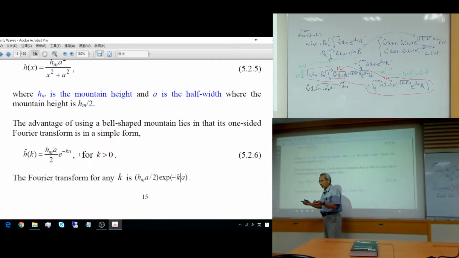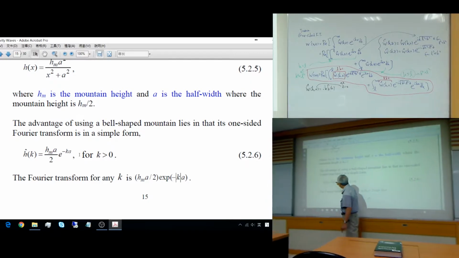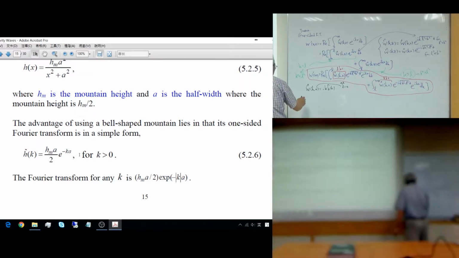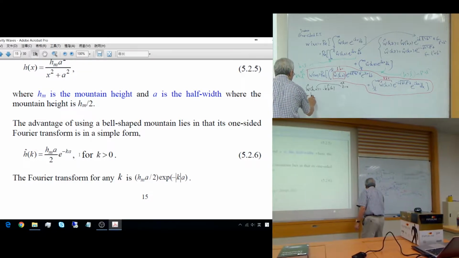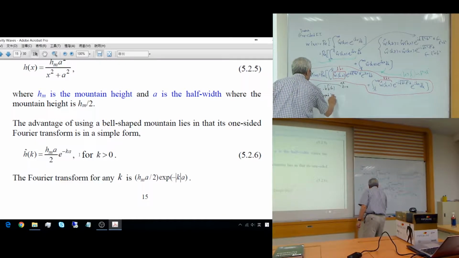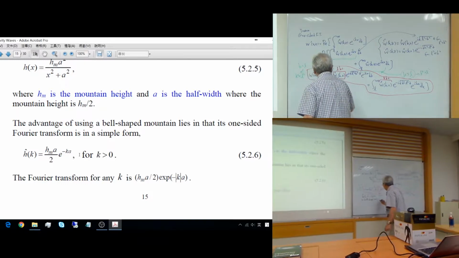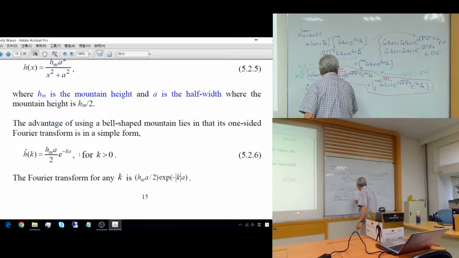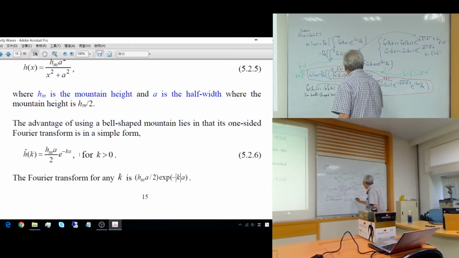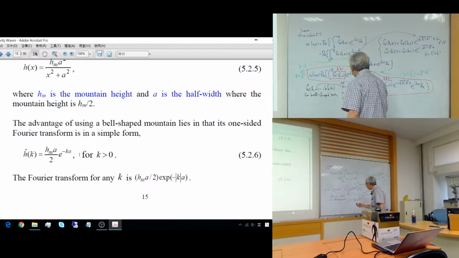You can also use Gaussian if you want. And you get this: e to the minus ka, where a is the half width, HM a divided by 2. So it's a simple form. For the bear-shaped mountain, h hat of k is equal to HM a divided by 2, e to the minus ka, like that.